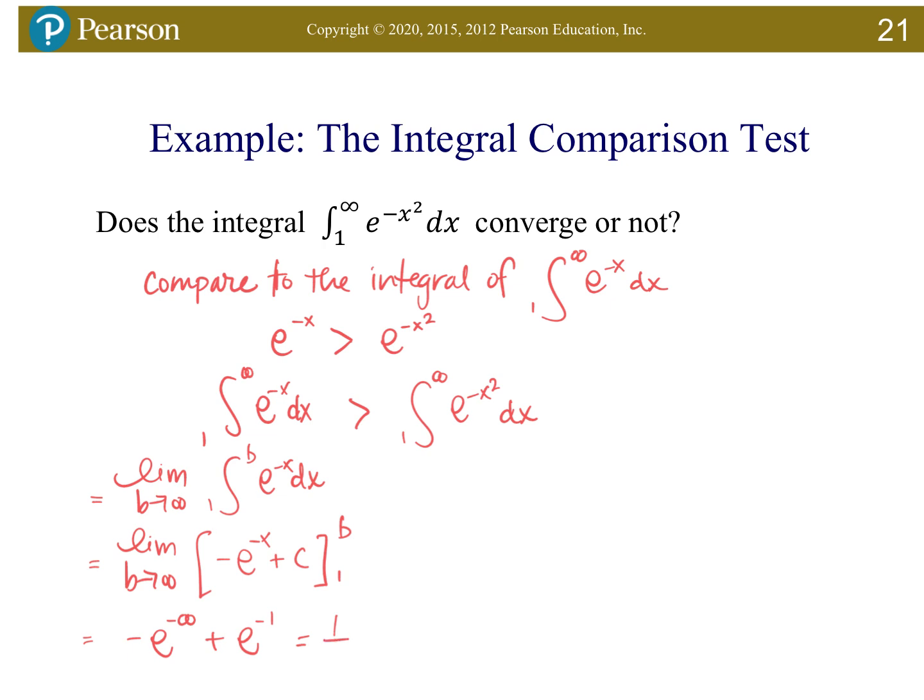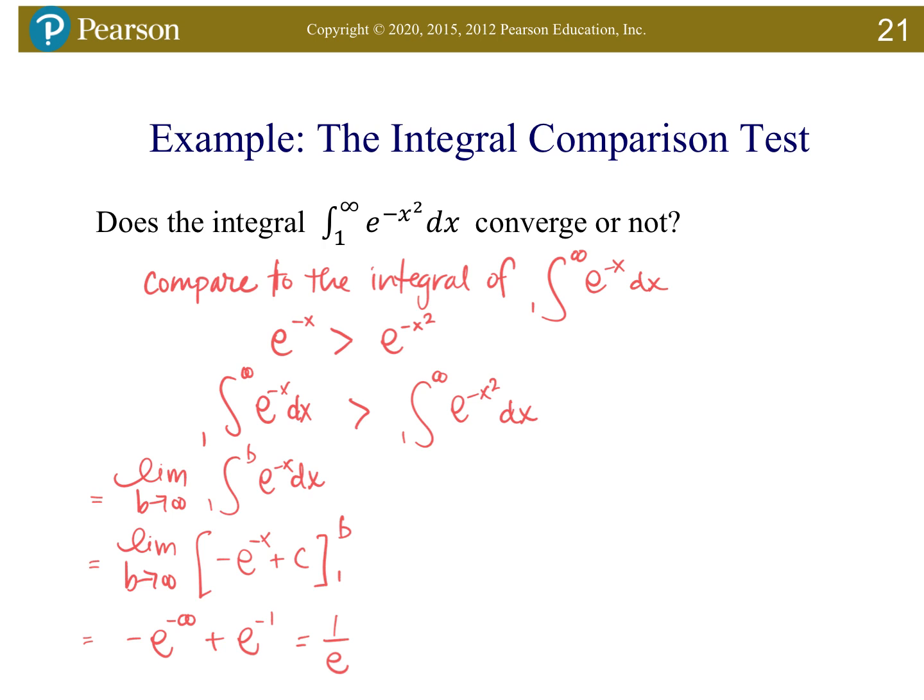1 over e. So I have shown that the bigger side converges to 1 over e. What that tells me is that the smaller side must also converge. It does not tell me that it converges to 1 over e as well. It just tells me that it also converges to something. The behavior is what's preserved, not the actual number.